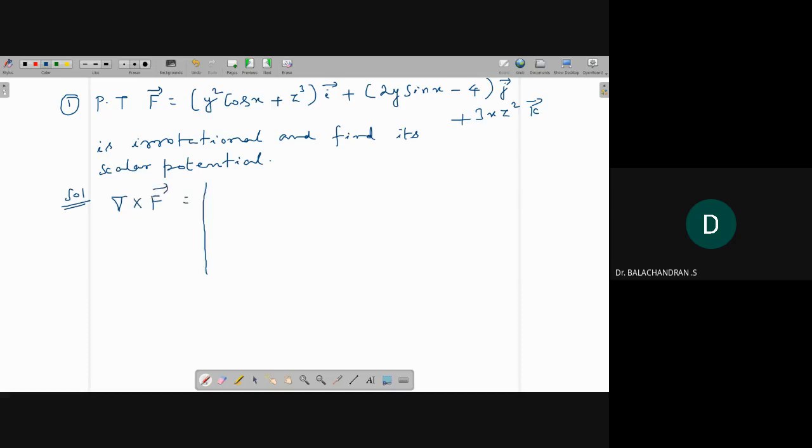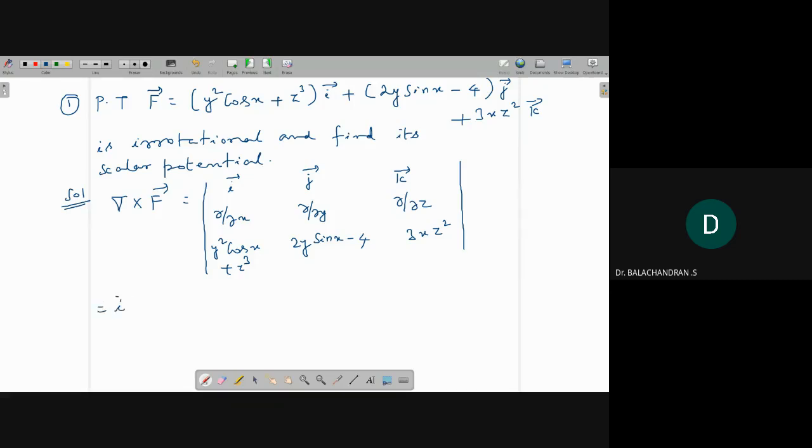So i vector, j vector, k vector, ∂/∂x, ∂/∂y, ∂/∂z, and then components of F vector: y² cos x + z³, 2y sin x − 4, and last one is 3xz². So the determinant.